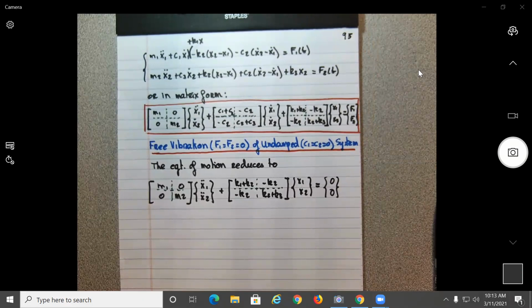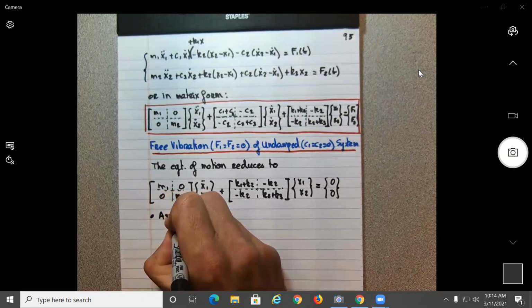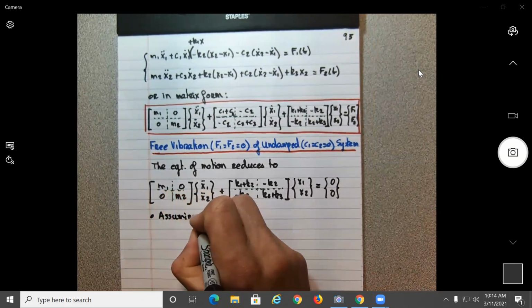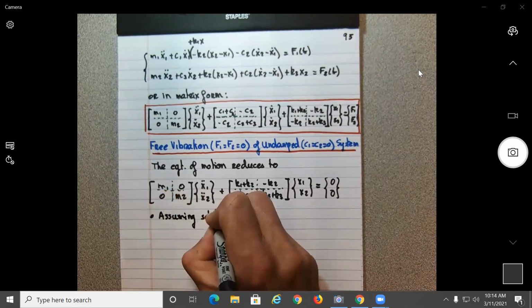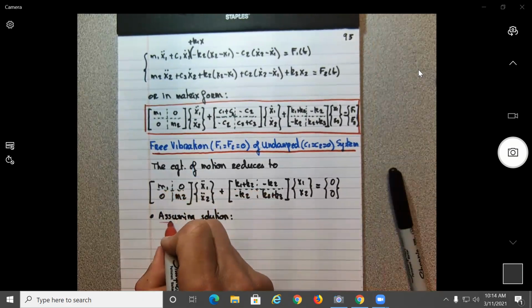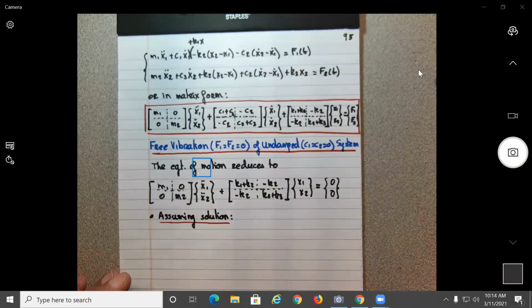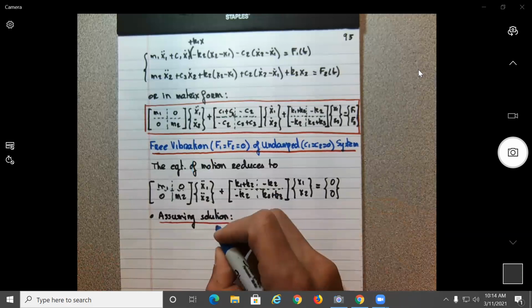Okay, so in order to solve this system, we're going to follow again the same procedure. First thing is to assume a solution. But once again, this time I'm not going to give as many details as before, okay? So the assumed solution should be of what form?